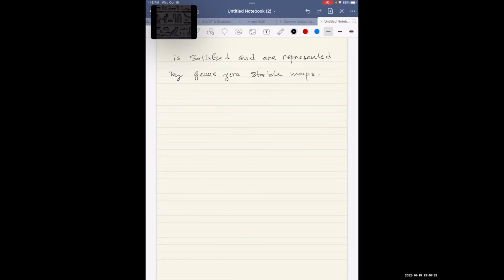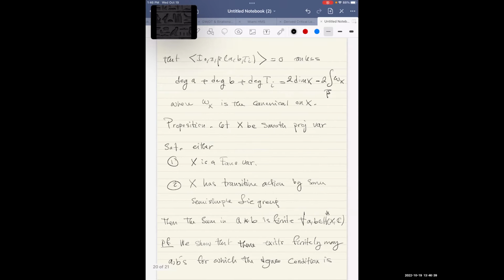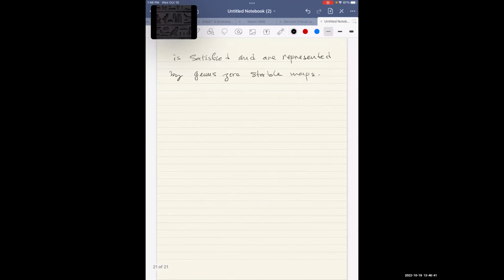Okay, so only finitely many A, B satisfy this condition, the degree axiom.